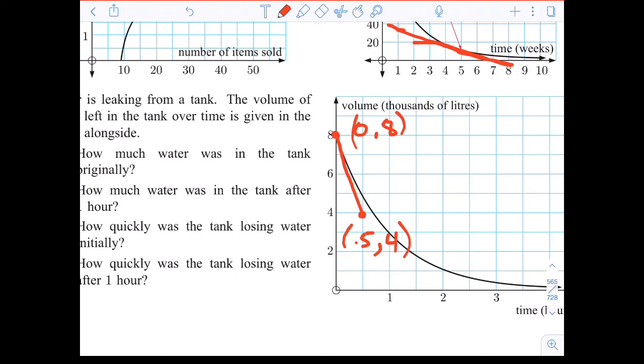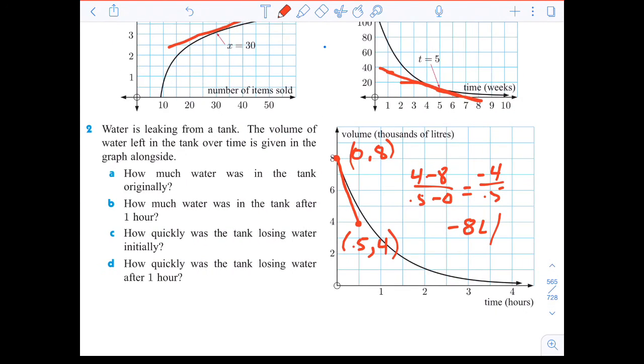Subtracting my y's, we'd have 4 take away 8. Subtract my x's, 0.5 take away 0. We would end up with -4 over 0.5, which is -8 liters per hour. That's right off the bat.